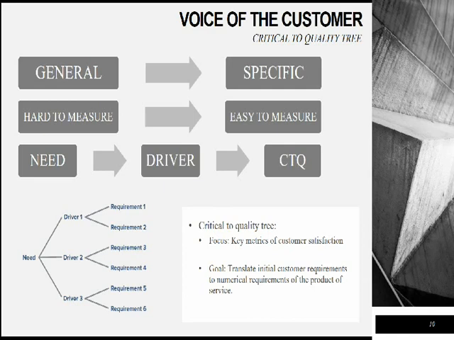This is possible to achieve by house of quality or other different approaches. And here, finally, it's possible to see that the goal is to translate initial customer requirements to numerical requirements of the product or services. In other words, something that is possible to measure and to improve.